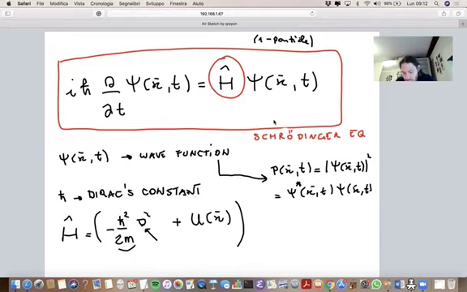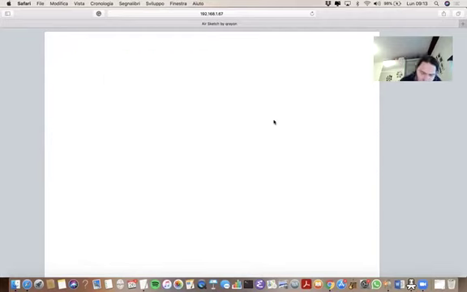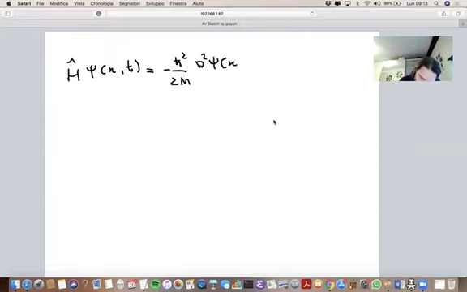And adding another term in which you take the function at x, psi, and multiply by the potential at the very same position, u of x. So let me say it more clearly. Let's look a little bit more in detail at what this expression means. It means that you take the Laplacian of the wave function, which is the second derivative in 1 dimension, but it's the sum of all second derivatives in each dimension in more than 1 dimension.